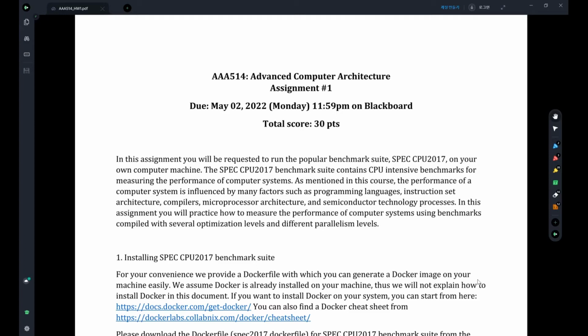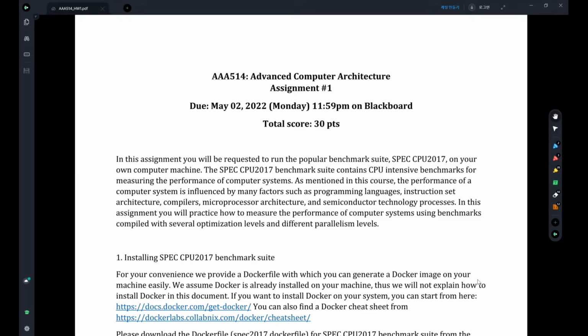I posted the first homework assignment on Blackboard. For this assignment, you are requested to run the SPEC benchmark suite. If you run the SPEC benchmarks, you can measure the execution time and also compute the SPEC score.